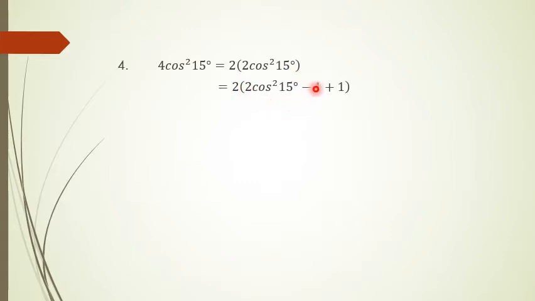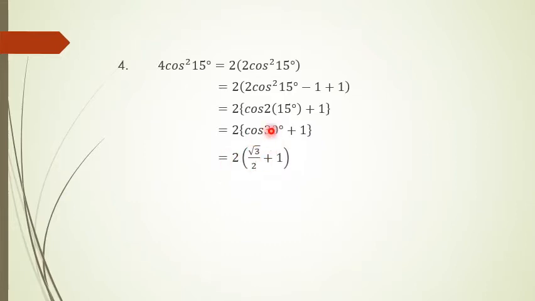So if we regroup that, this is now the double angle formula, which will allow us to use the formula now. So that's 2 into cos 2 times 15 degrees, then the plus 1. That's 2 into cos 30 degrees plus 1.